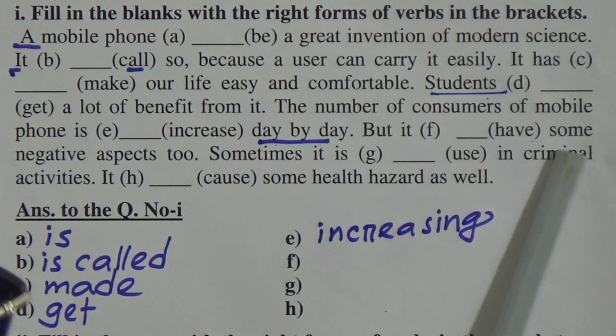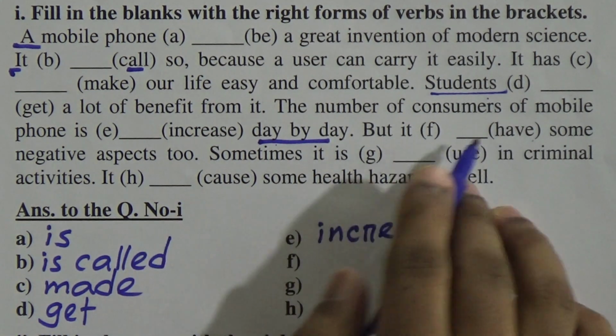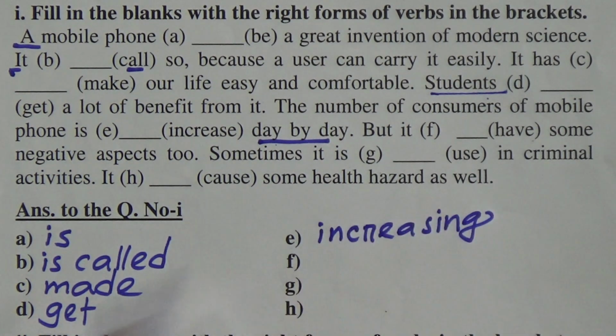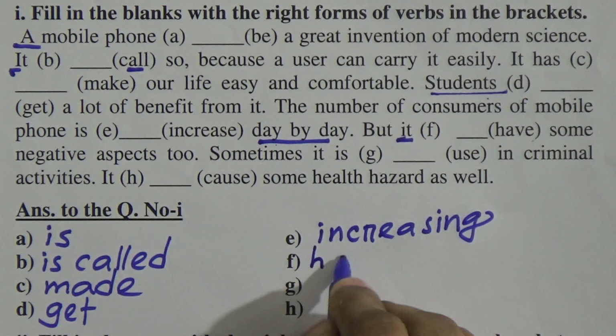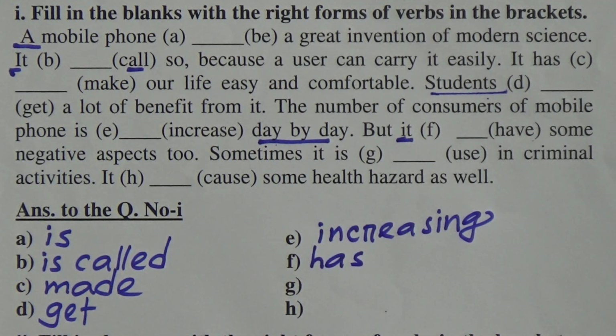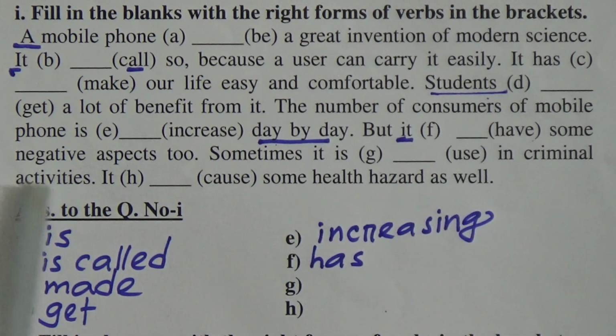But it dash bracket have some negative aspects too. So after it, what do we use? Have or has. If the subject is third person singular number, we always use has, not have. Okay? Negative aspects too. Sometimes it is dash in criminal activities.